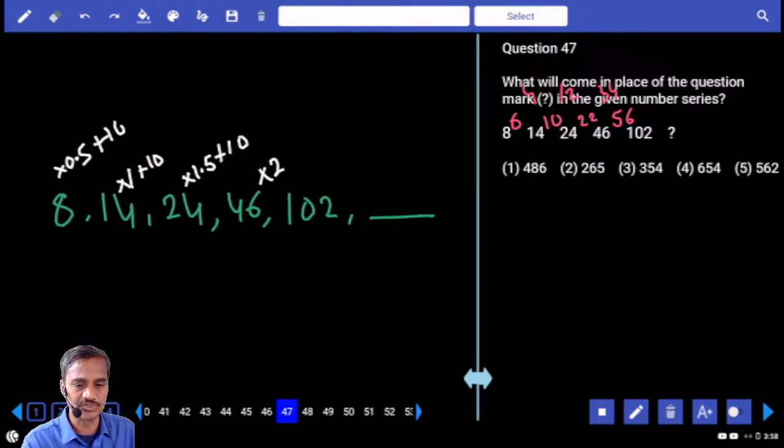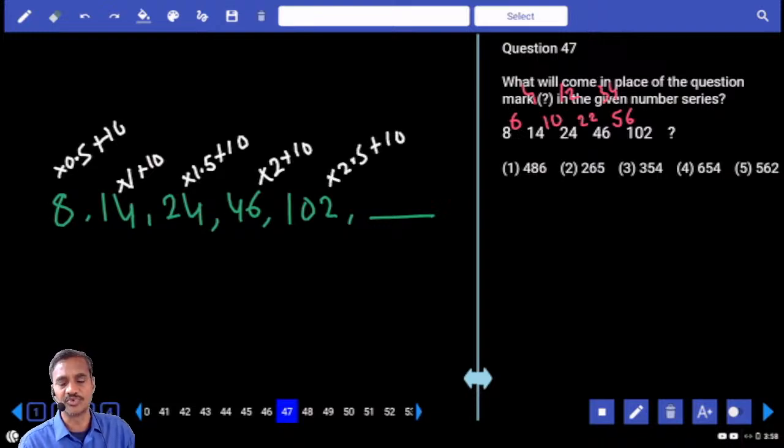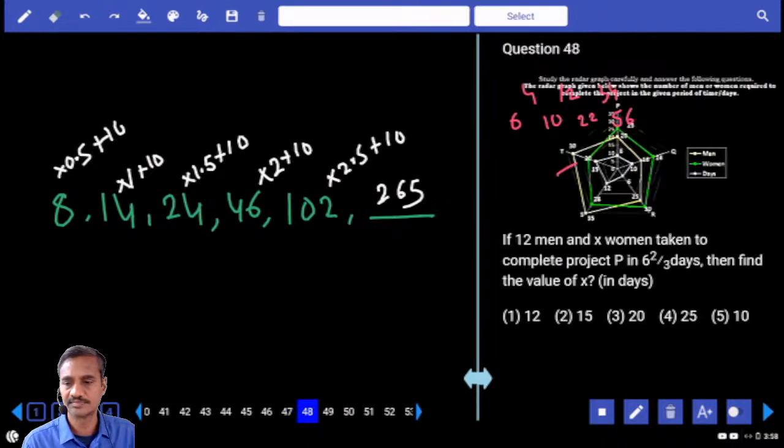Now here this is into 2 plus 10. And here the next one is into 2.5 plus 10. Now 102 into 2.5, how much is that one? 255 plus 10, 265, choice 2, question 47. Then next is quant.